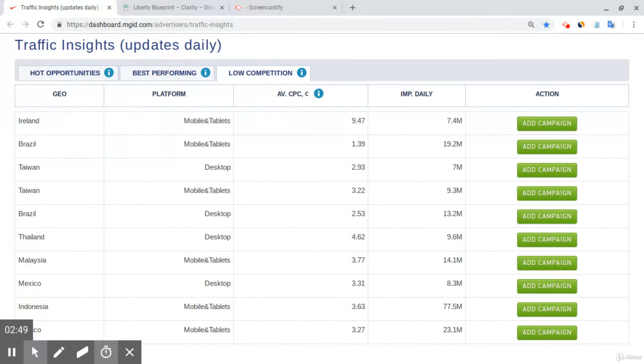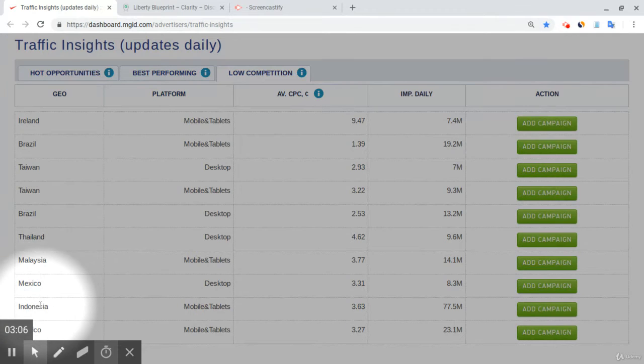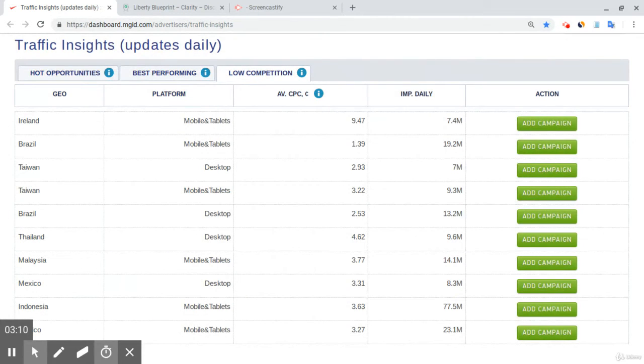The good news is that it's not always the case that there's less competition because they don't make money, or because advertisers are scared or tend to avoid these countries for whatever reason. I know for a fact that in Thailand, Malaysia, and Indonesia you can get millions of converting visitors each month, and these countries and devices were on the best performing list. So that's just something to keep in mind.